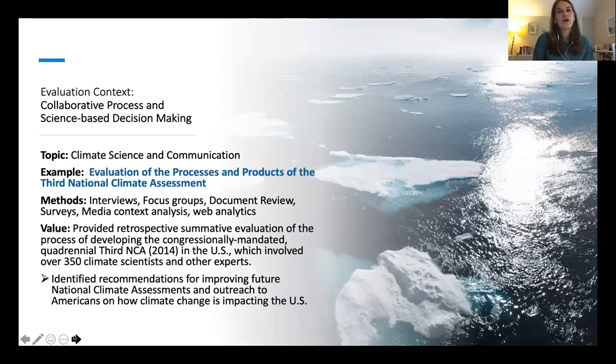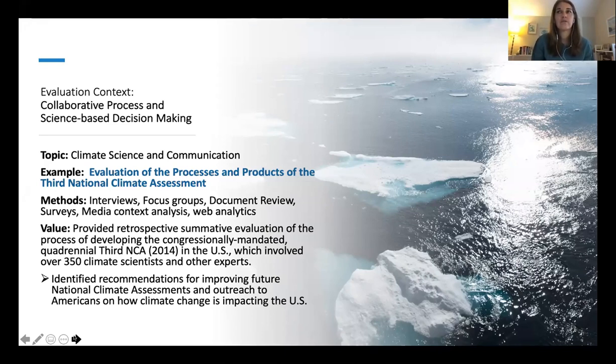Another large decision-making, or rather collaborative process, was this evaluation that a team that I led in 2016. And this was actually a large-scale evaluation. So the methods here, we did all of these sort of in parallel, or back to back.